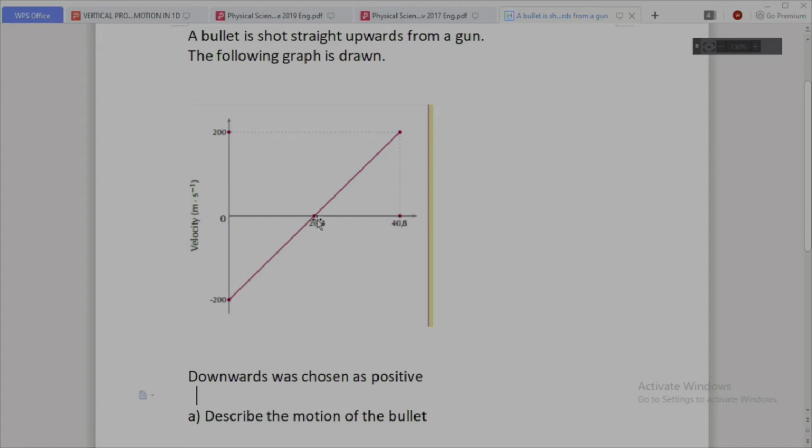So that's basically how I would describe the motion of the bullet. It goes up as it gets shot, and then as it moves up, it decreases its velocity, because remember it's getting pulled by gravity, right?